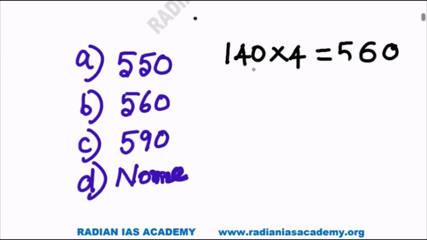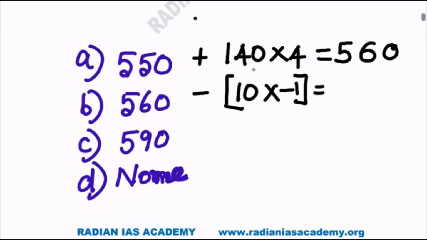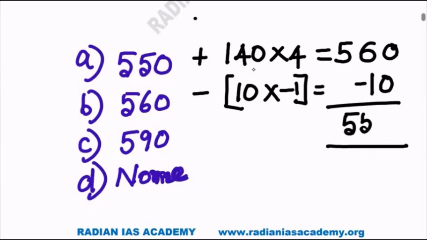This is the positive. So what is the negative mark? 10 questions incorrect. Therefore, for each incorrect question, he loses 1 mark. So 10 into minus 1, minus 10. Therefore, 550 is his or her mark.